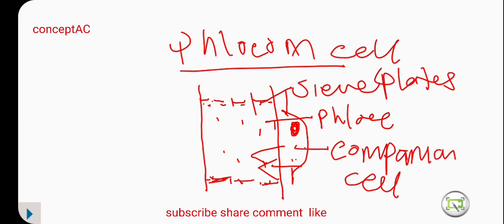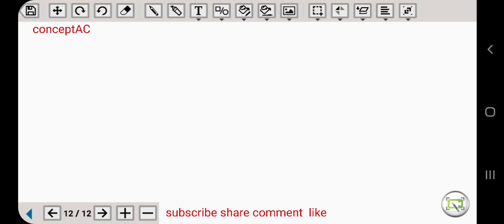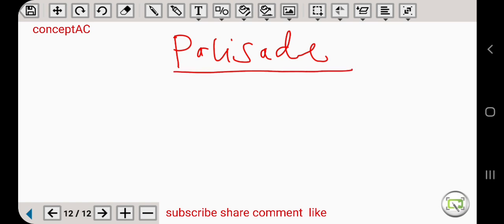What of another specialized cell? Another specialized plant cell is the one called the palisade cell. What is the structure of the palisade cell?